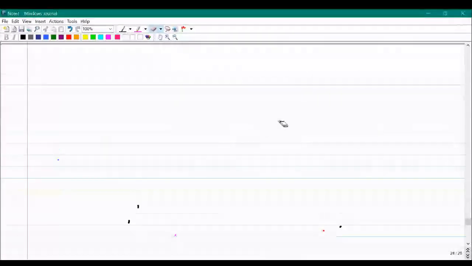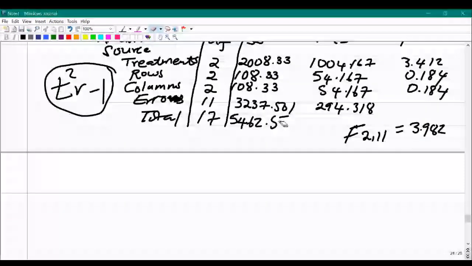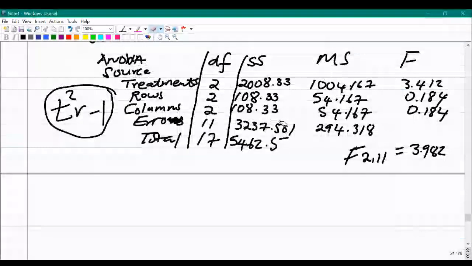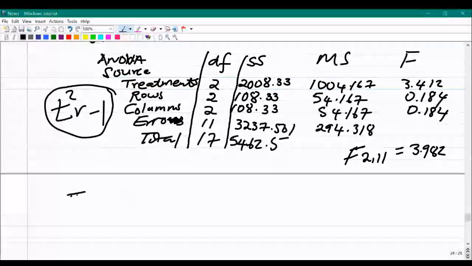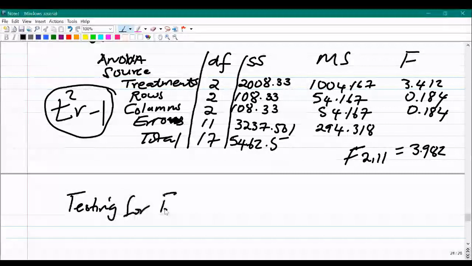Now you have constructed your ANOVA, isn't it, my brother? Here it is. So now you want to test. Because I assume now you know what you are testing, you can simply say testing for treatment.